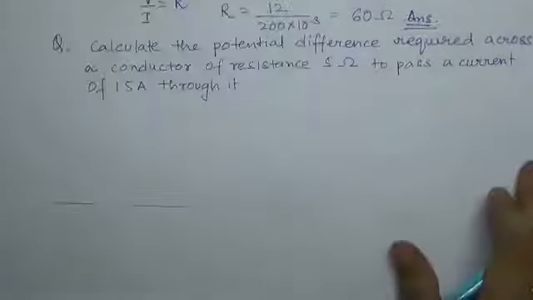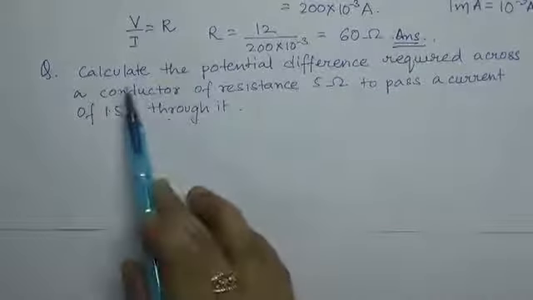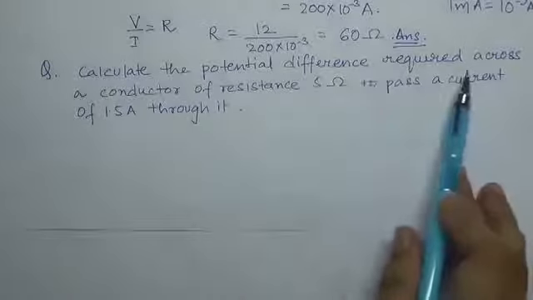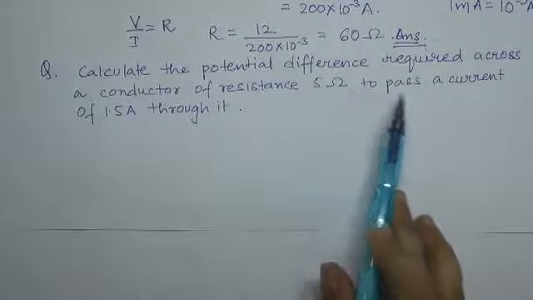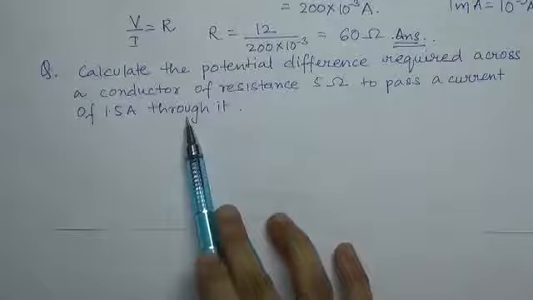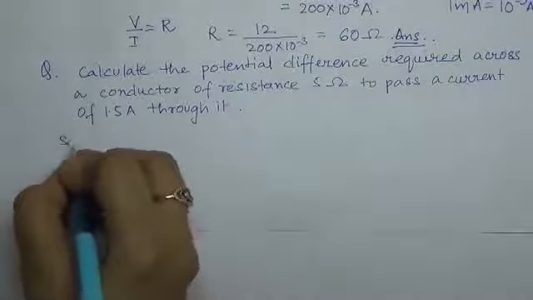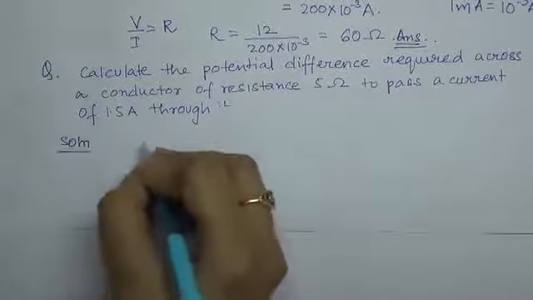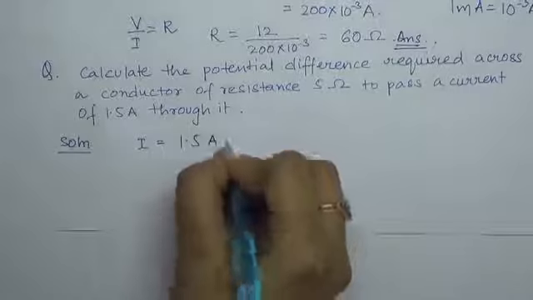Now see, in the next question we have to calculate the potential difference required across a conductor of resistance 5 ohm to pass a current of 1.5 ampere through it. What is given to us? We have been provided with the value of current, that is 1.5 ampere.